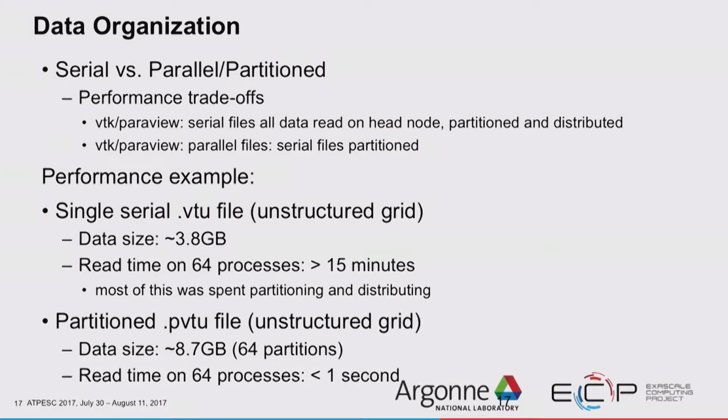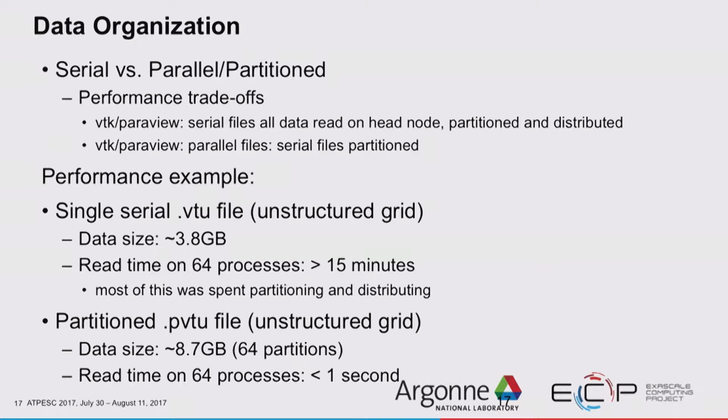A little bit more about data organization, just an example of serial versus parallel, some of the trade-offs, in particular in performance. This might be a little dated, but there are different readers for different data types within VTK and ParaView.